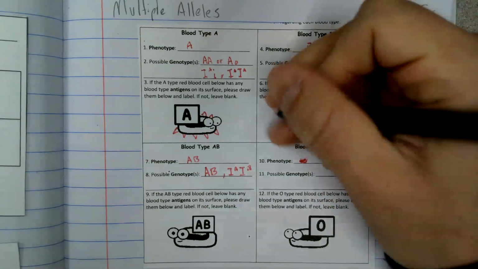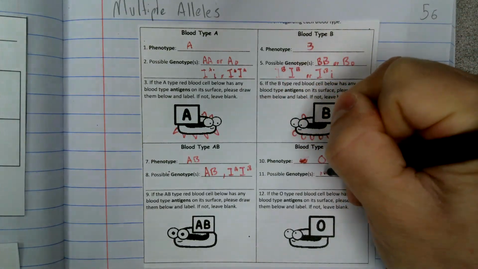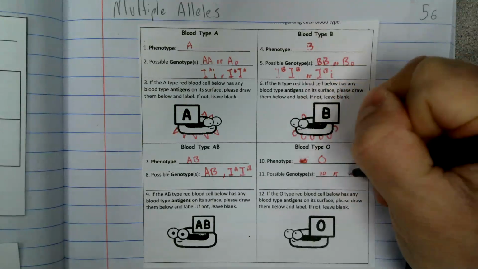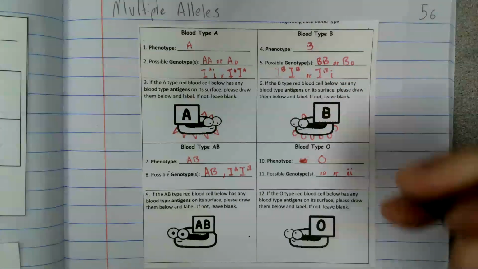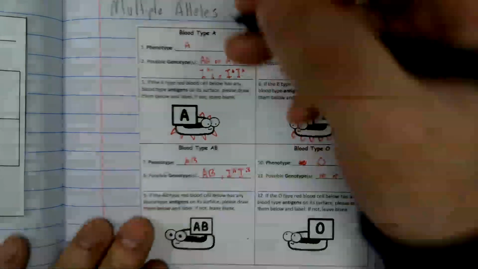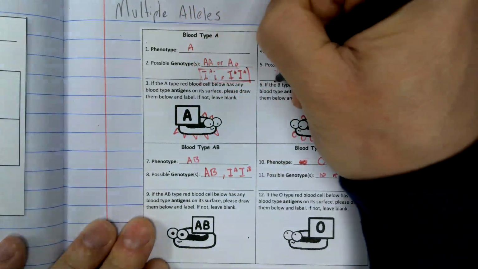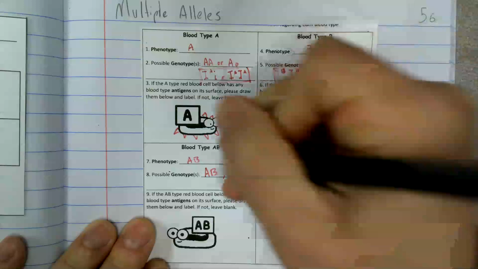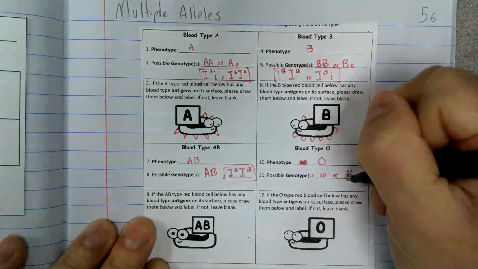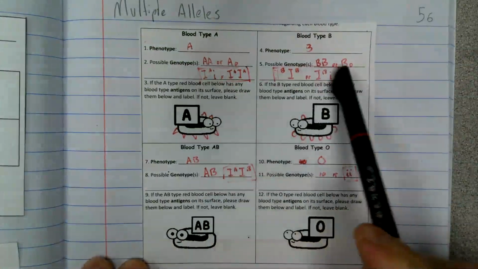Excuse me, that's genotype. O is our phenotype. Genotypes, 2 O alleles, or 2 lowercase i's as the other version. I'll put all the I ones in a box so you know that they mean the same thing. I like to just stick with the simple ones though.